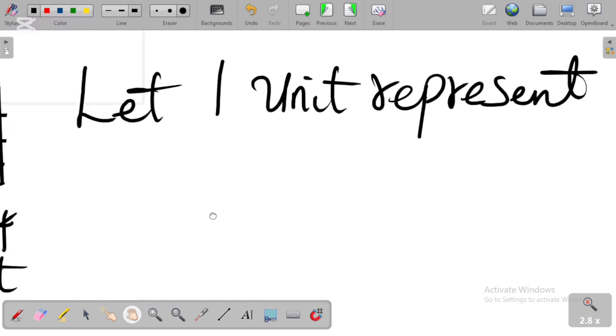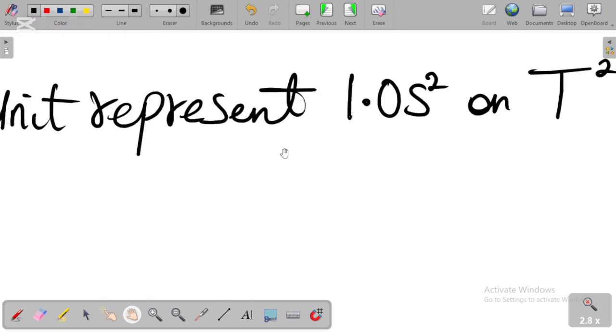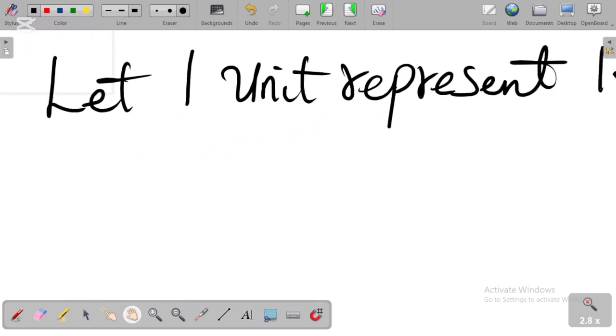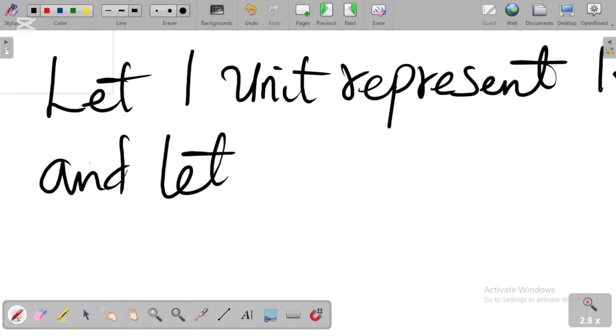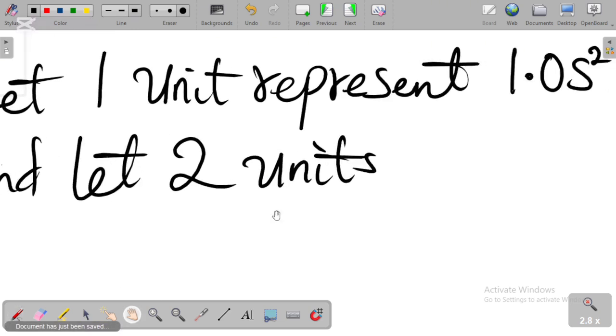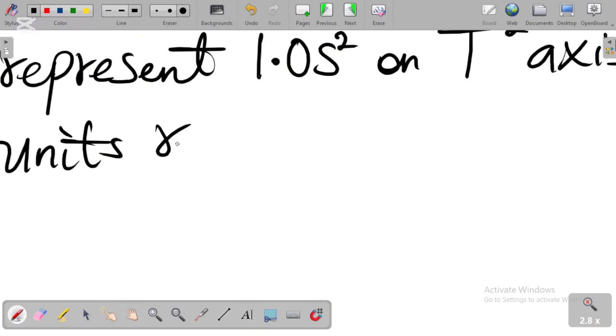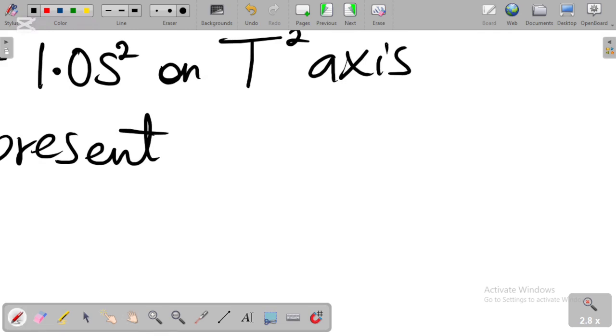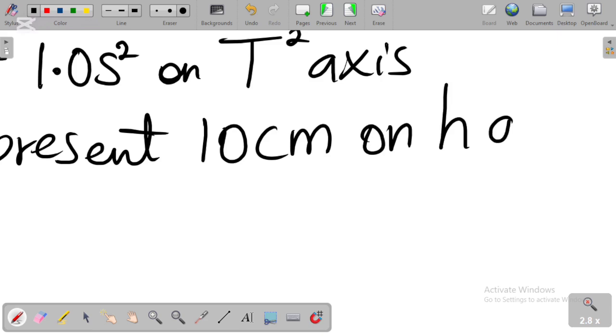So that's what I chose. Let 1 unit represent 1.0 second square on t square axis. And let 2 units represent 10 centimeter on h axis.